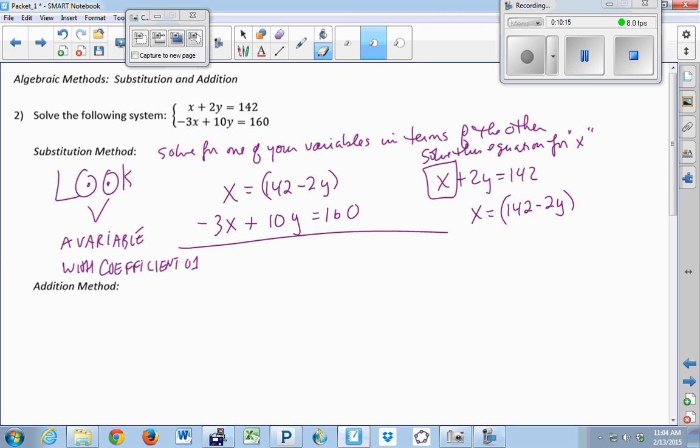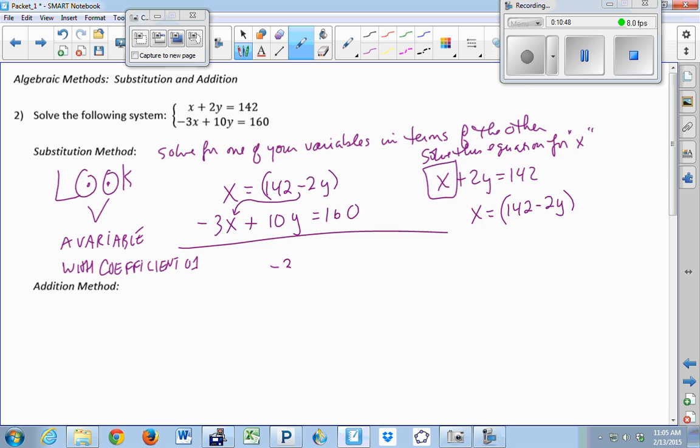Now look at how beautiful that is, because my second equation, which is one equation with two unknowns, I can now make into one variable by using this information. It says x is always going to be 142 minus 2y. So where you see x in the second equation, you can substitute what it represents, 142 minus 2y.